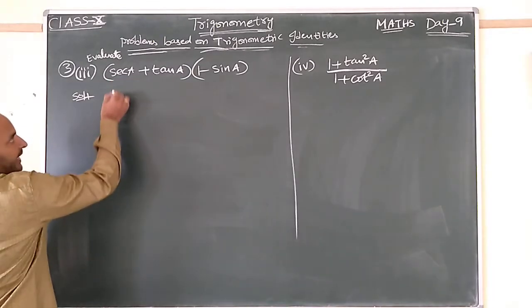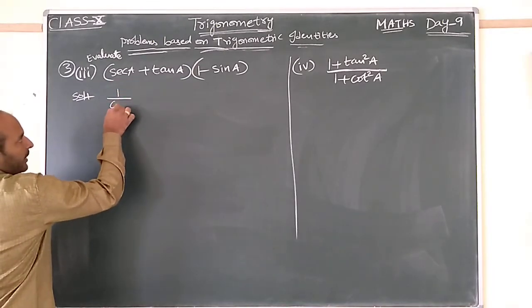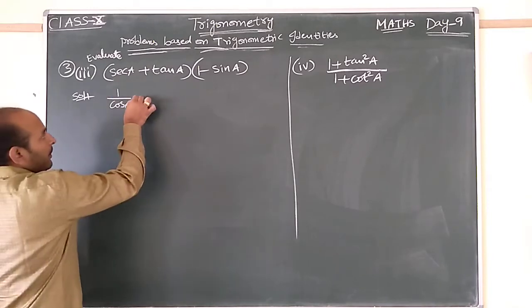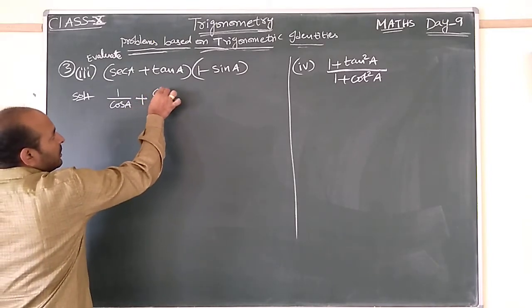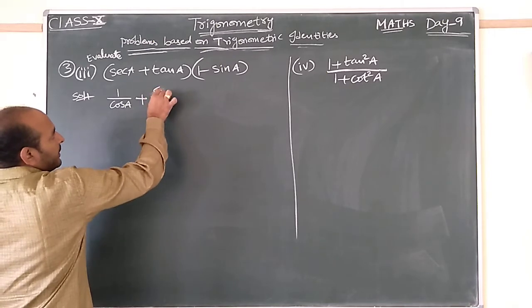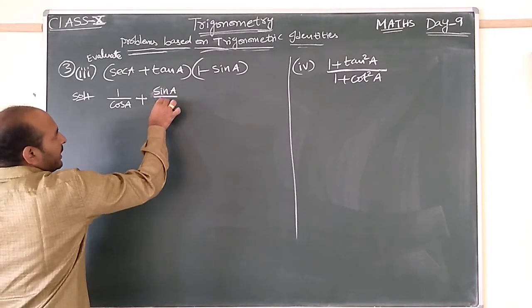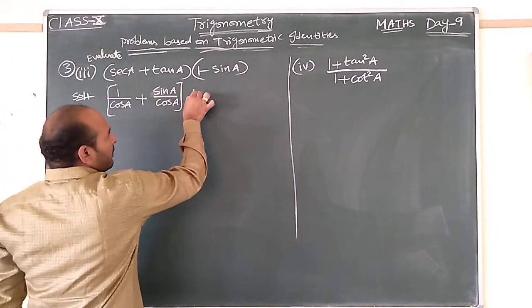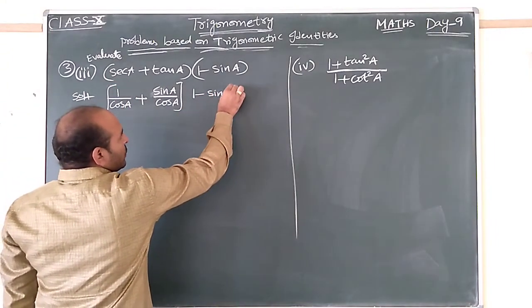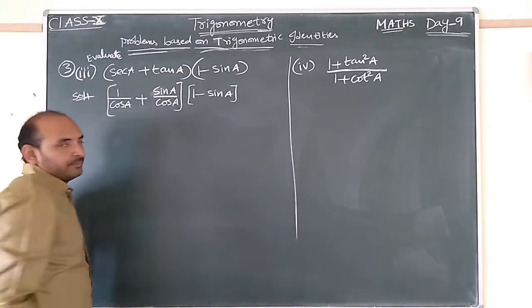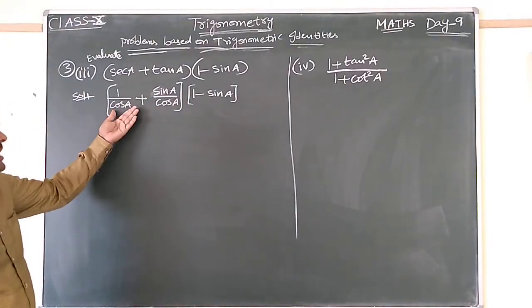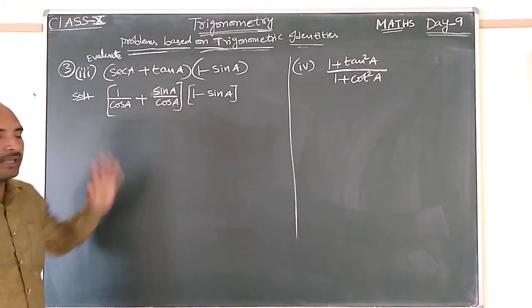So write the secant A formula: 1 divided by cos A, because secant is the reciprocal of cos, plus the tan A formula, sin A divided by cos A, and 1 minus sin A as this. So now in this LCM, in the first part, here also cos A, here also cos A, both are the same terms.